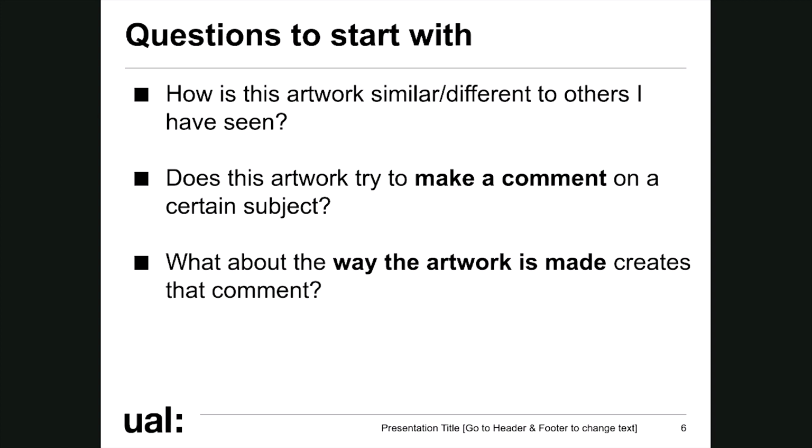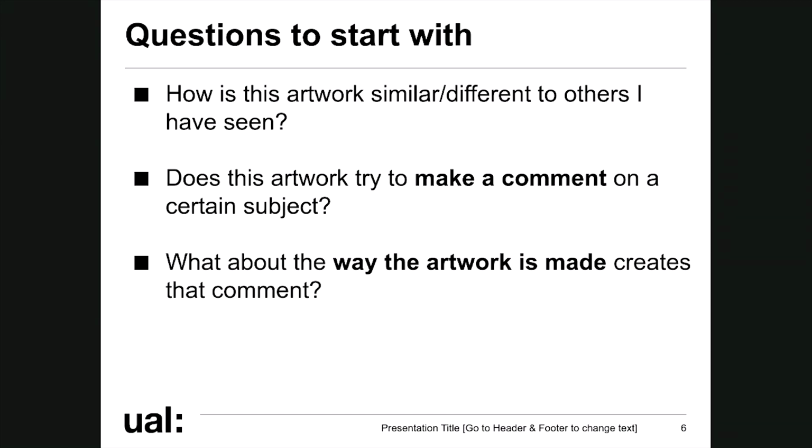Okay, let's move on through these. Lots of these are art historical questions, but they can be expanded beyond that. So does this artwork try to make a comment on a certain subject, or a comment on something more broadly, I guess you could say? So we try to determine what is the angle of this work. What comment is it making on what it is painting?